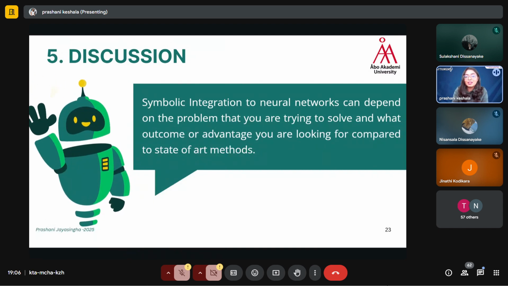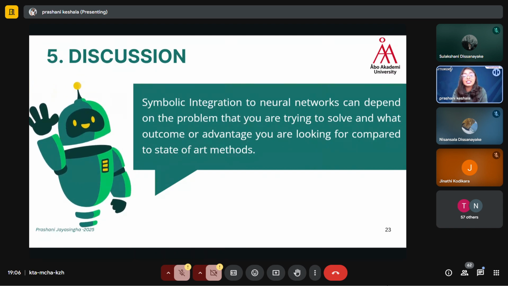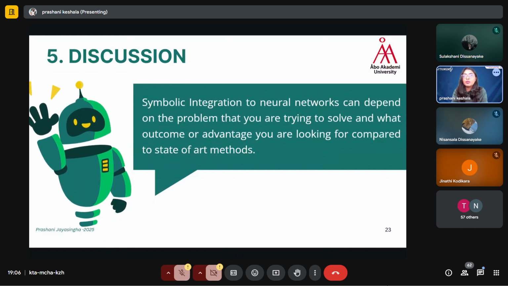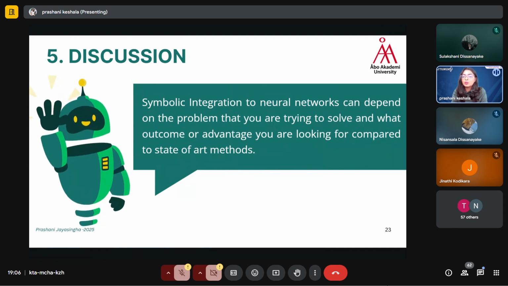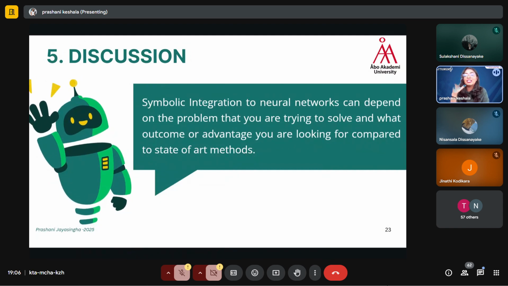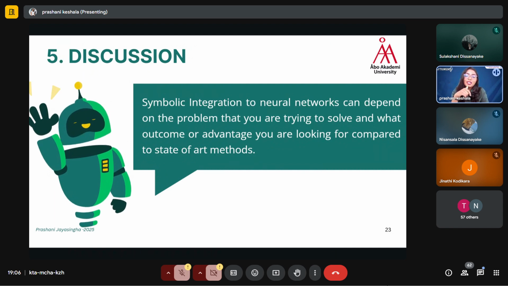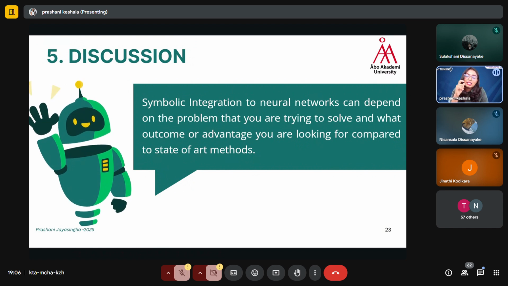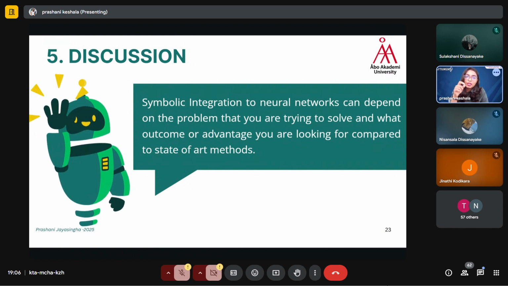I'm saying that symbolic AI with neural networks is much more interpretable and explainable. If you want to understand how it came to a certain outcome, this can really help. It's also more accurate contextually because you are giving it certain regulations, rules or representations. So you're explicitly saying something to the neural network.